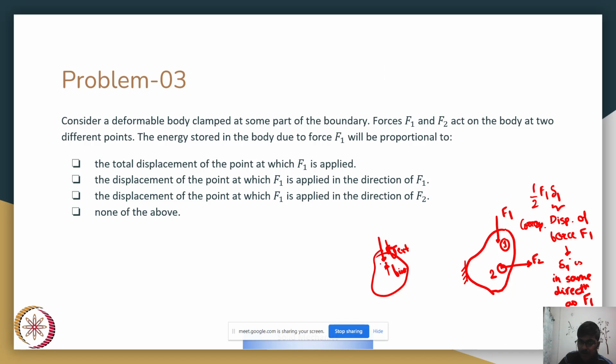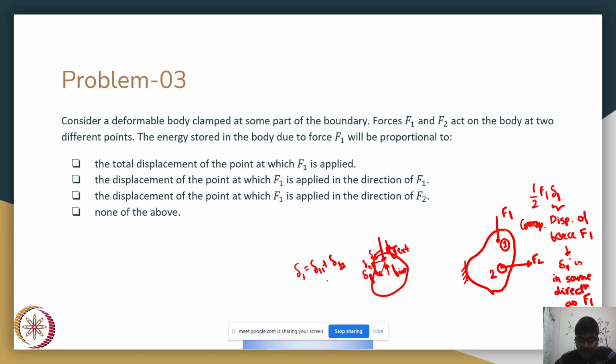And suppose for some reason the overall displacement of the body at this point is, say, delta, which is nothing but delta parallel plus delta perpendicular. So your delta is equal to delta parallel plus delta perpendicular, correct?